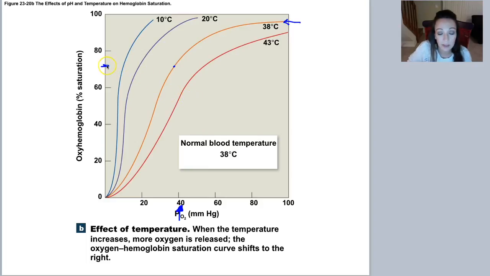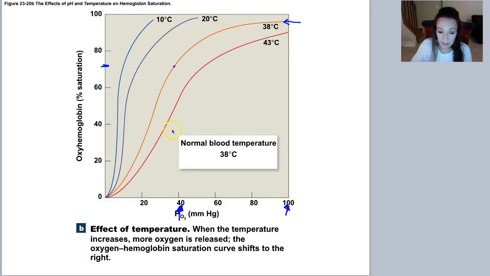Oh, that looks more like 70 on this graph, but somewhere in the 70 to 75% range of saturation. And here at 100 millimeters of mercury of the partial pressure of oxygen, we have close to 100% saturation of hemoglobin with oxygen. So this was just like the first graph that we looked at.